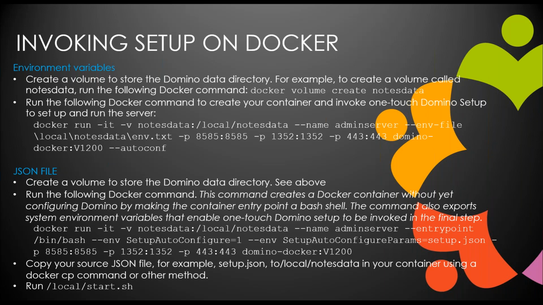So you run this command, then from another terminal, you copy your JSON file from your local host into the container, like docker cp /root/setup.json container_name:/local/nodesdata. And after you've done that, you run from inside the container.